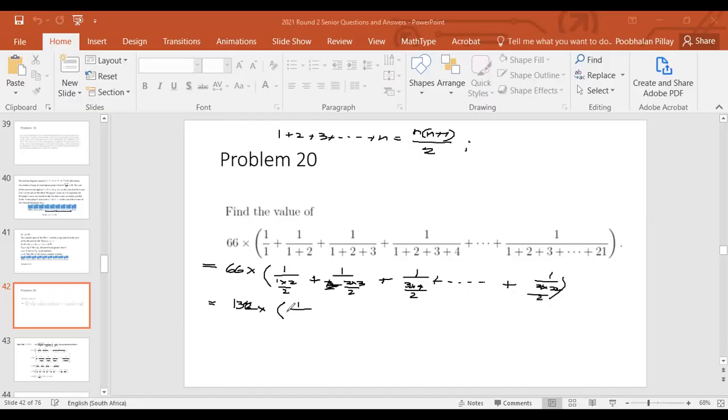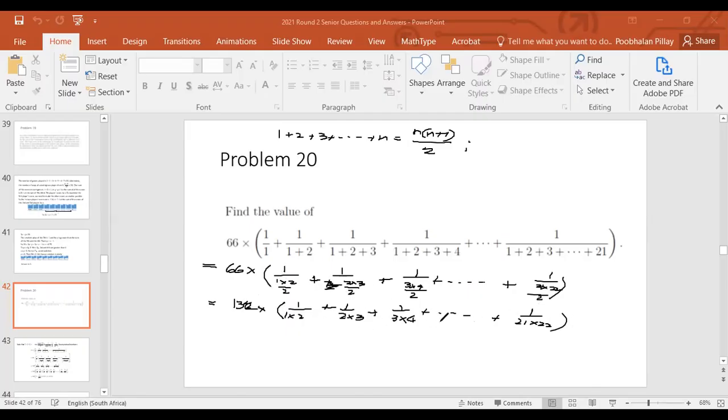And now you have 1 over 1 times 2 plus 1 over 2 times 3 plus 1 over 3 times 4 plus ... plus 1 over 21 times 22. When you invert it, the 2 goes to the top, the numerators still remain at the bottom.